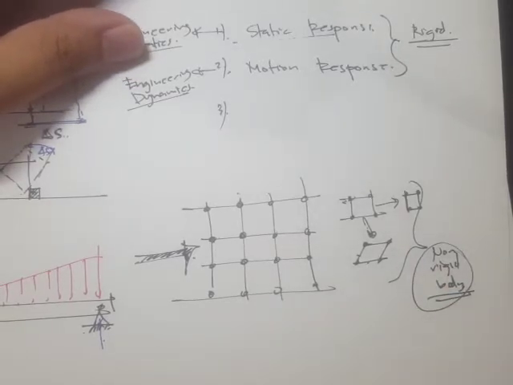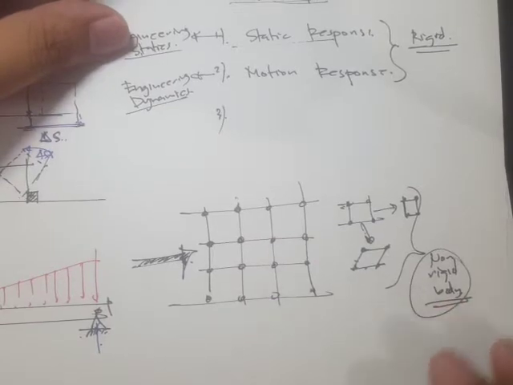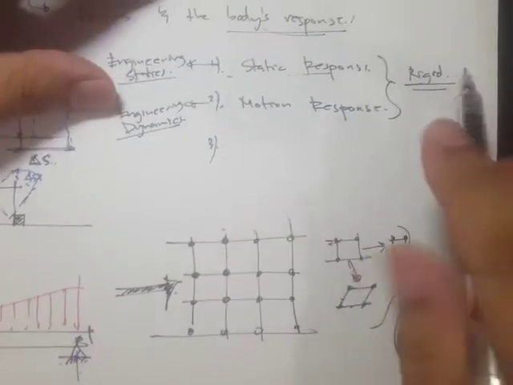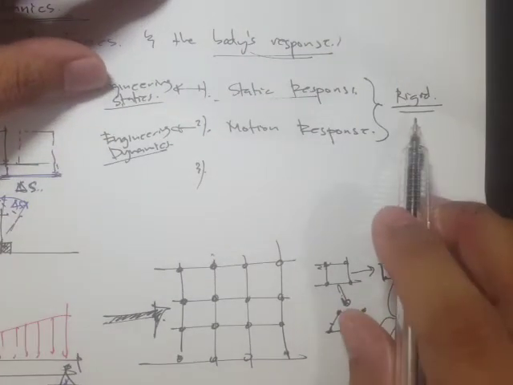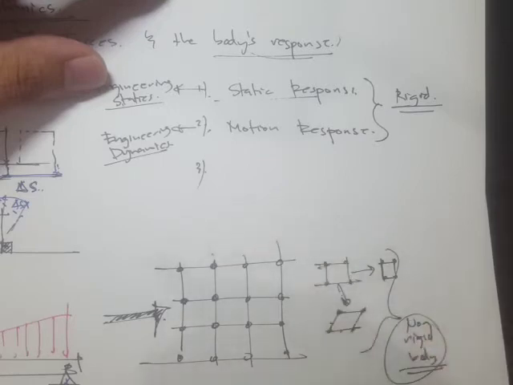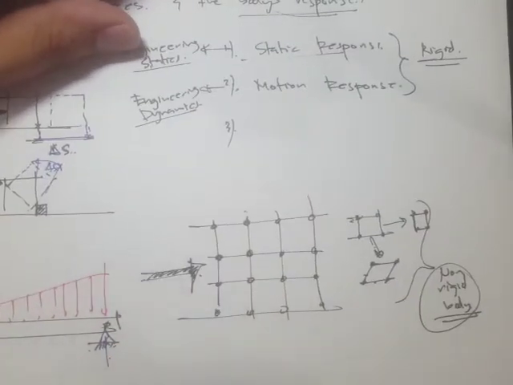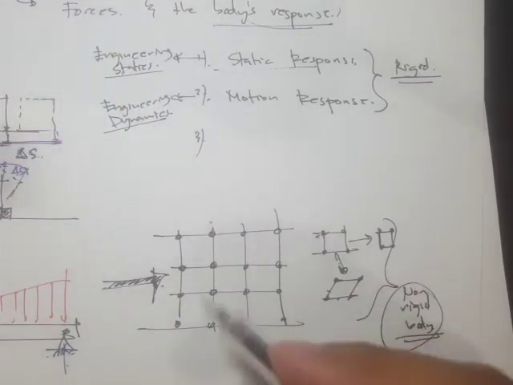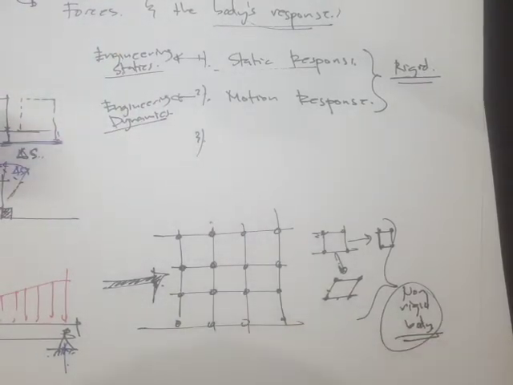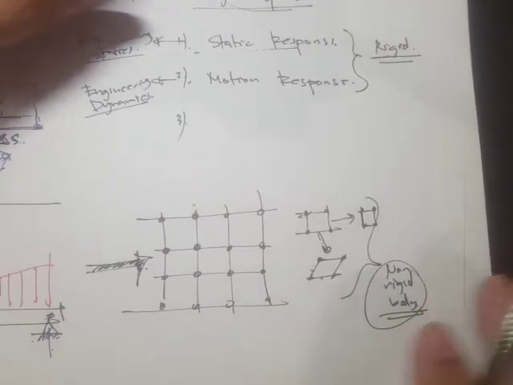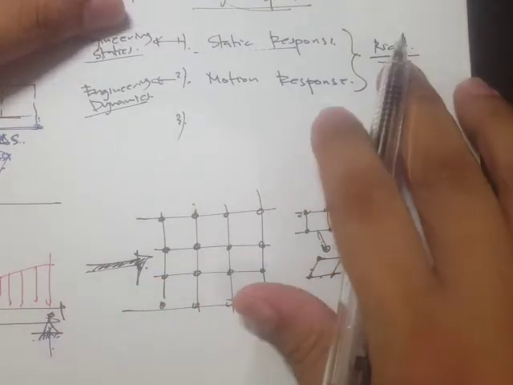Of course, there are applications wherein we can use this rigid body assumption, if the applied loads are within the elastic range, or far from the specified strength, then we can assume a rigid body.